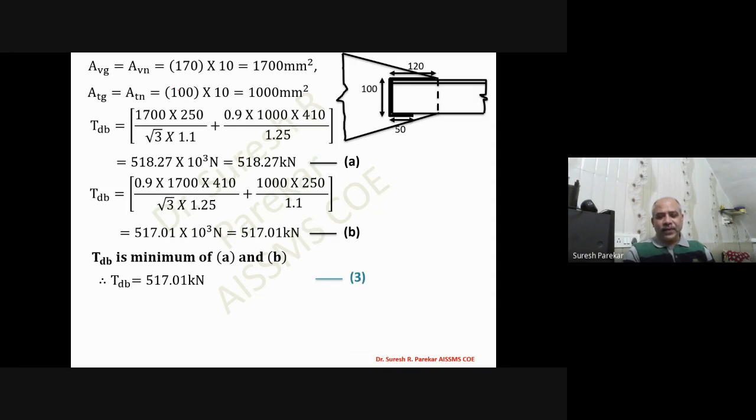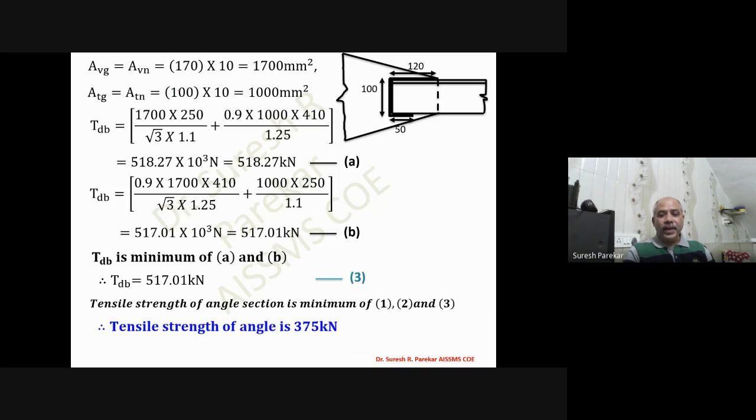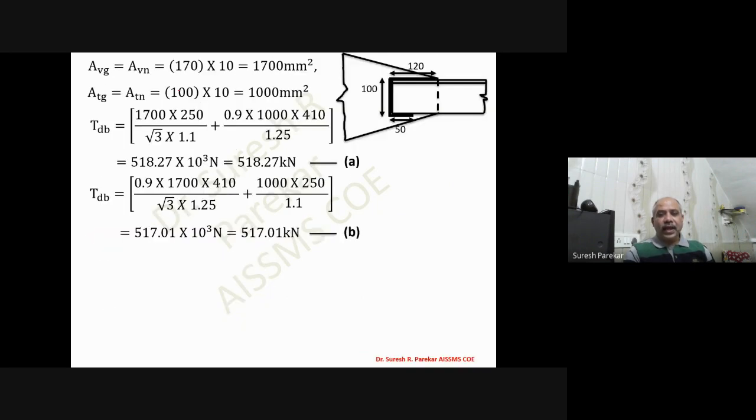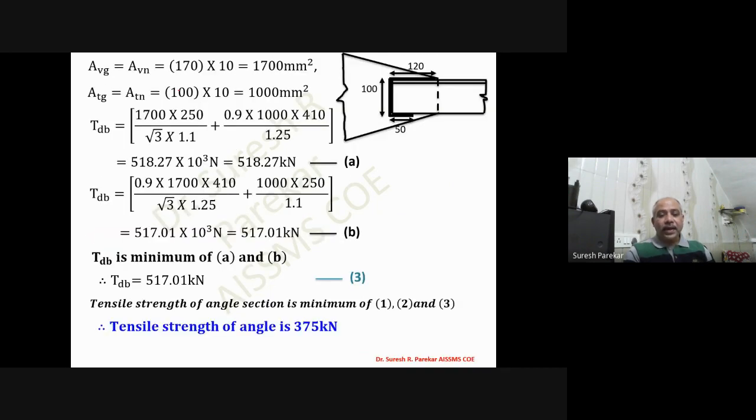Now generally we take the minimum of 1, 2, 3, and in this case you get the minimum tensile strength as TDG, because with TDN we have 460 and this value is 517.